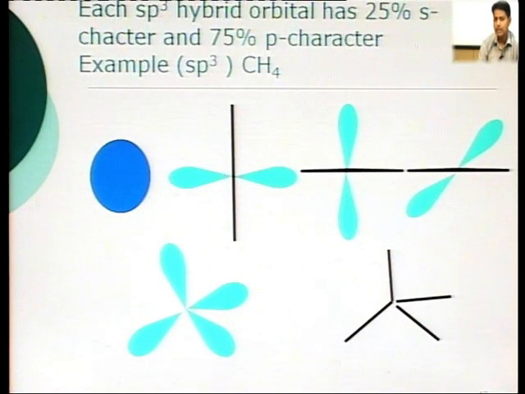So, when 1 s and 3 p orbitals are hybridizing, the hybridization is sp3, the shape is tetrahedral, s character 25% and p character 75%.